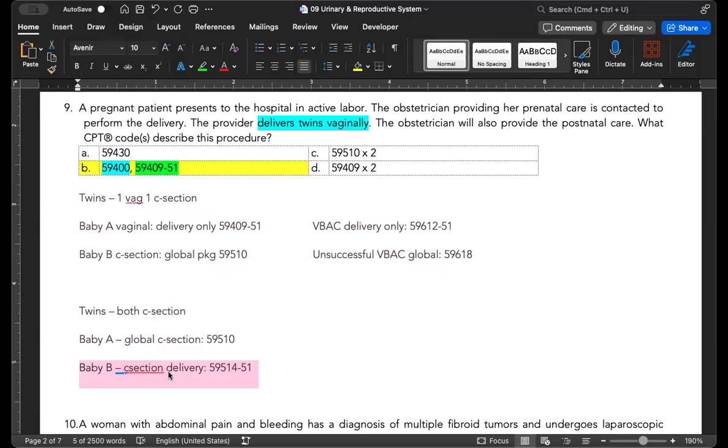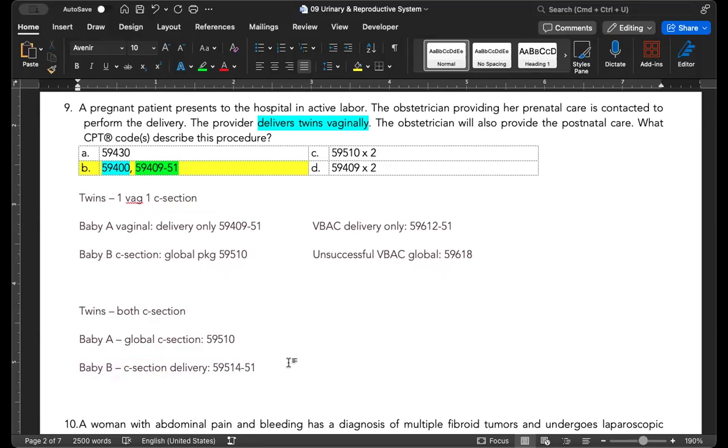The incision would happen if it's a single baby. The closure would happen if it's a single baby. So if they're just doing an additional delivery of that baby through the C-section, then there's not really enough there to qualify to bill that separately for an additional C-section delivery only. Does that make sense?